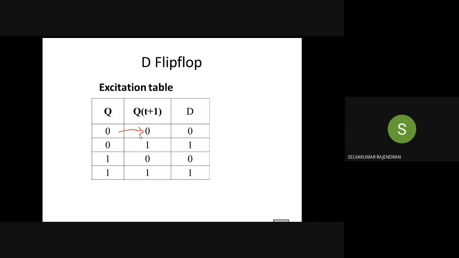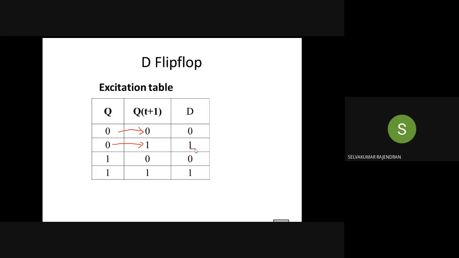So the state of the flip-flop goes to the memory state, or otherwise you can say the data available on the D input is 0. Now the present state is 0, but the next state is 1. If the next state value is 1, what about the input applied on the data input D?